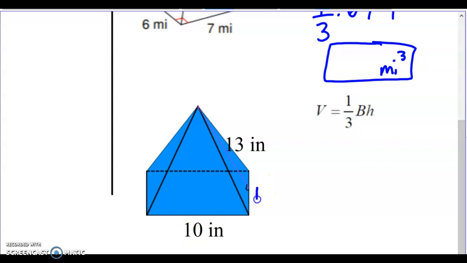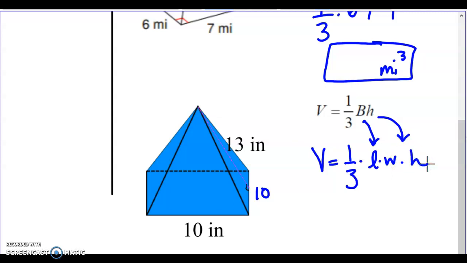Down here on my next example, we're going to assume it's a square pyramid. So if this is 10, this would be 10. Again, we still have 1/3 big B, and in this case big B is a square, so it'll be length times width, or base times height of the square, and then times the height of the whole pyramid. So we'll go 1/3 times 10 times 10 times, now on this one, I want to know the height of the pyramid, and I don't know it.